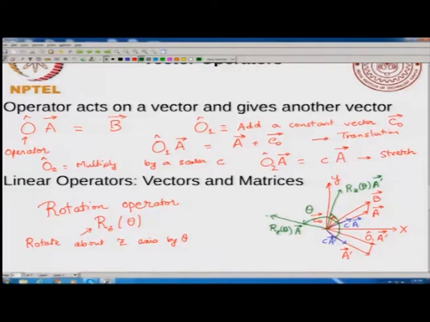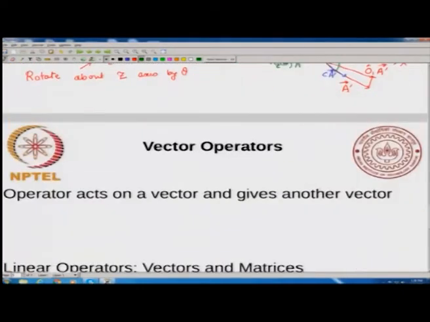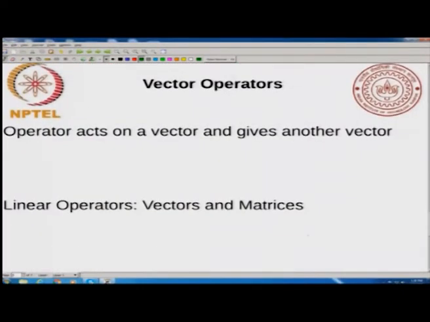Now we will come to a certain class of operators called linear operators. So what is a linear operator? You can think of it this way. Suppose you have an operator O, and it acts on C times A plus B. An operator should be able to act on any vector in the vector space, and C times A plus B is another vector in the vector space.